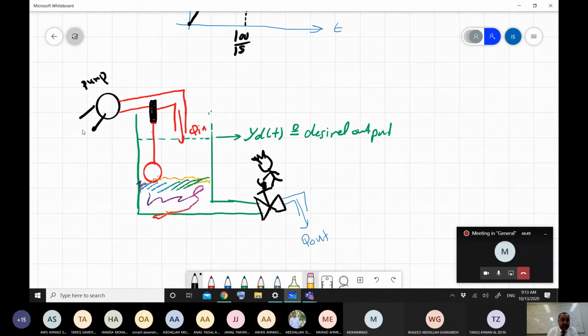Still I'm giving a voltage, but now I'm fixing the speed of the pump. This pump has a protection: if there's no flow from the pump, it will be turned off. Otherwise, I will burn the pump. And now, according to the actual level, the floating ball will rise or fall, correct?